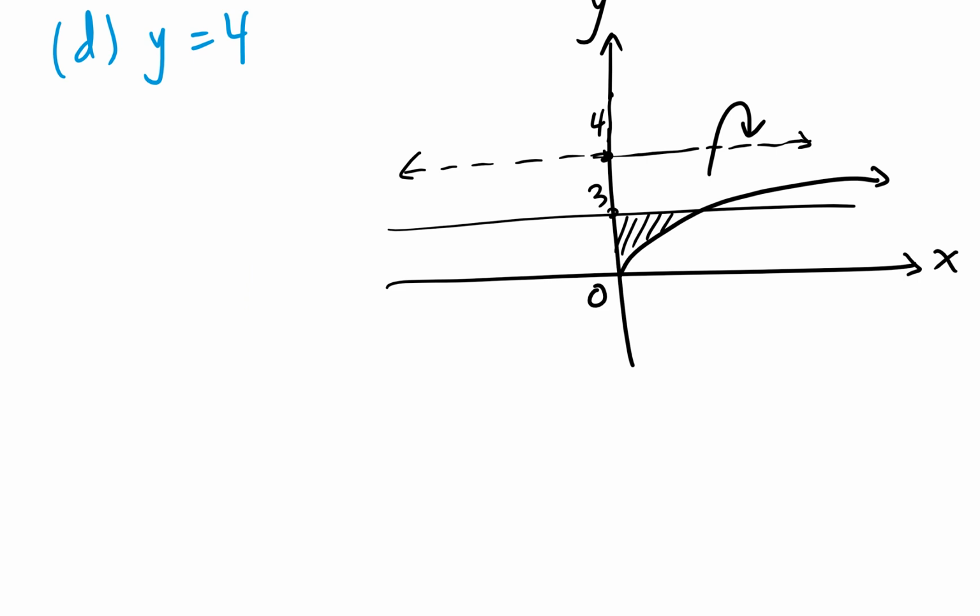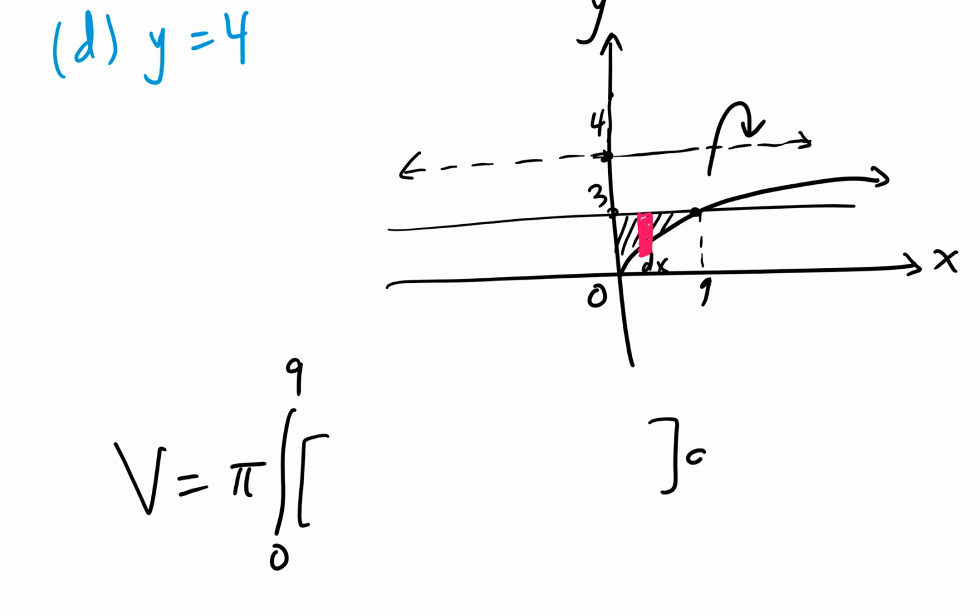So how are we going to do this? Again, the rectangle must be perpendicular to the axis of revolution. So that tells me there's a dx, right? So the volume is going to be pi, integral. Again, it's going to go from 0 to 9.